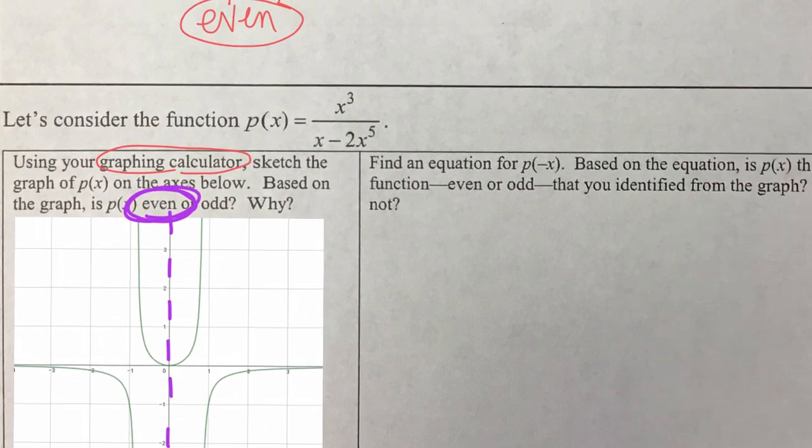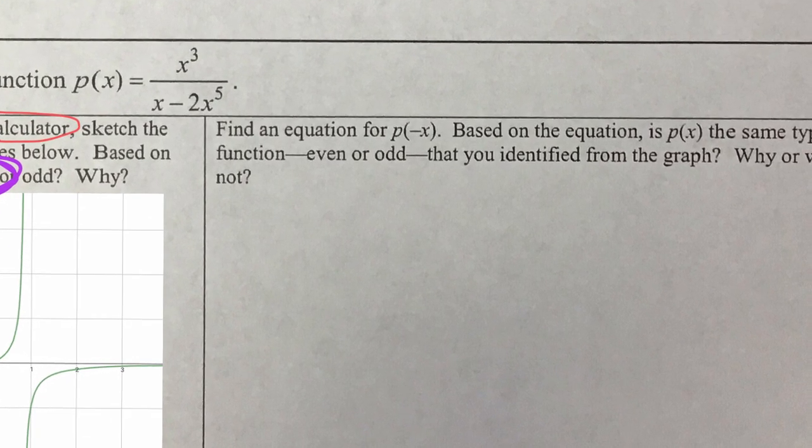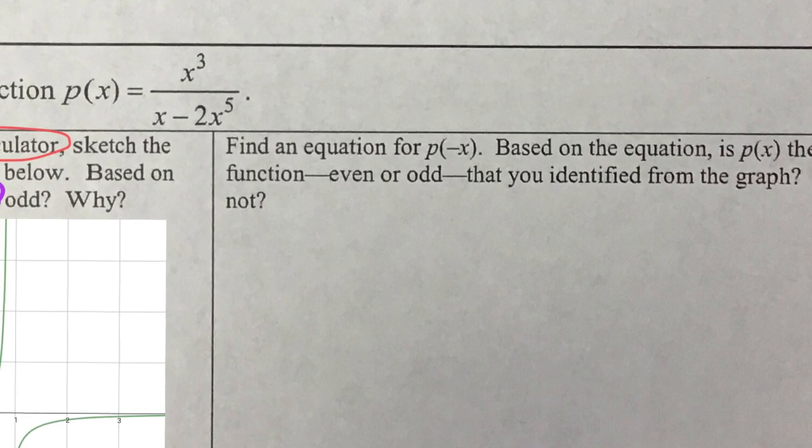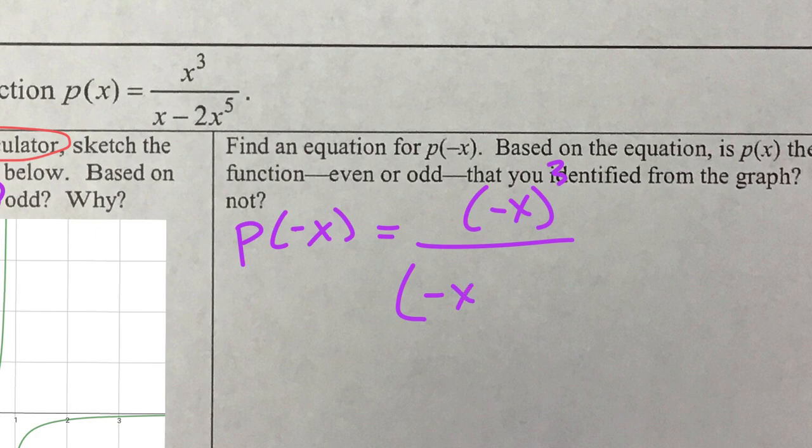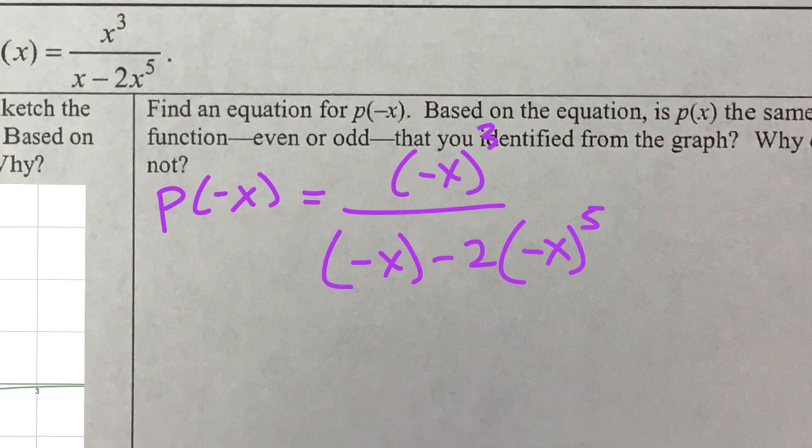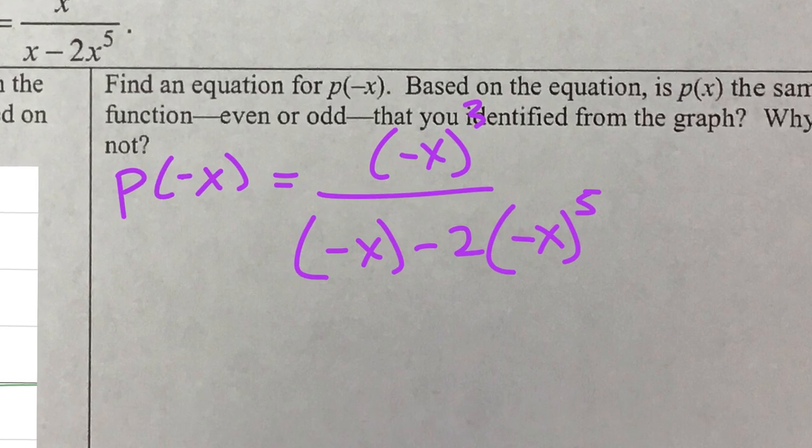Okay, so what about the equation? Let's look at the algebra. How does the algebra work when we replace x with negative x? So we have negative x to the third over negative x minus 2 times negative x to the fifth. Okay, so this is a matter of simplifying our problem here.